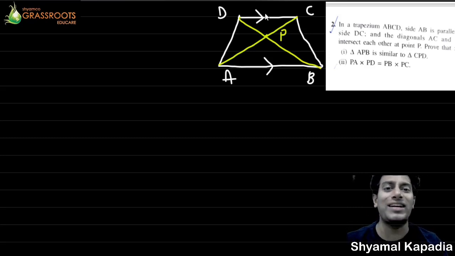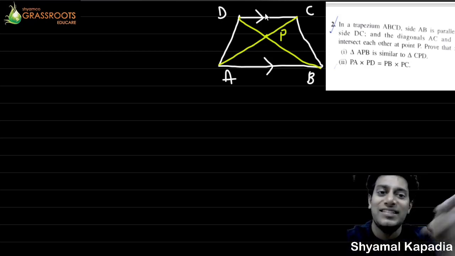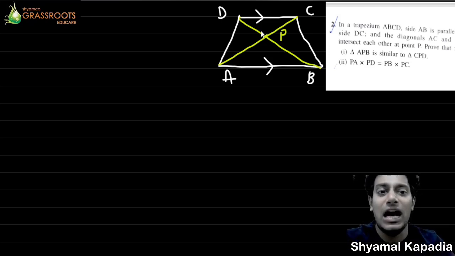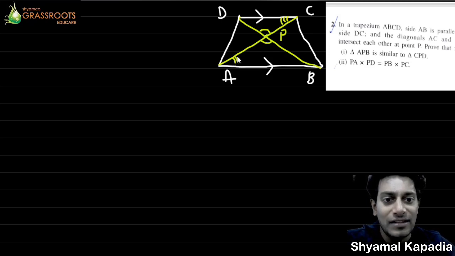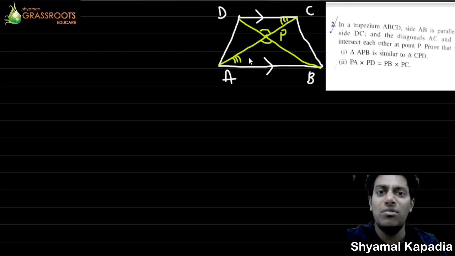Now can I come to a conclusion that if the lines are parallel, I can see a Z formation, interior alternate angles and vertically opposite angles. See now, friends, these two are equal, and with a Z formation, this and this are equal. Ho gaya.